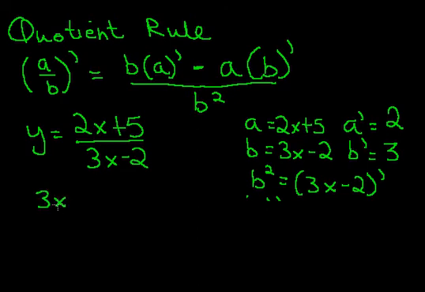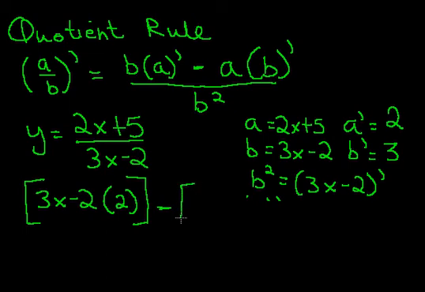So B is 3x minus 2. A prime is 2, so it's times 2. Let me put this in brackets, so we can keep them separated. Minus A is 2x plus 5, and then B prime is 3, so it's times 3.